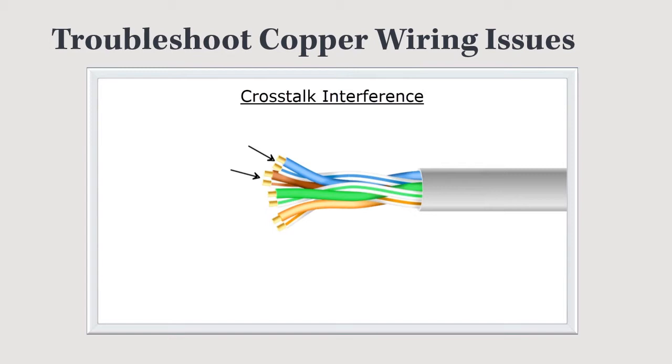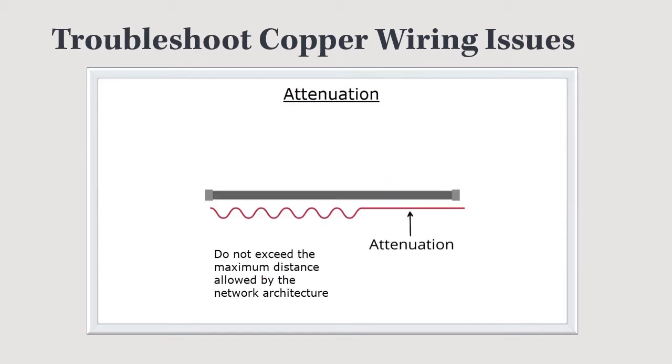Here we're indicating the blue and the brown pairs. Crosstalk would be where the signal going down the blue wire interferes with the signal on the brown wire. To keep that straight, crosstalk typically refers to interference that comes inside of our twisted pair wire, whereas EMI typically indicates interference from outside of the cable.